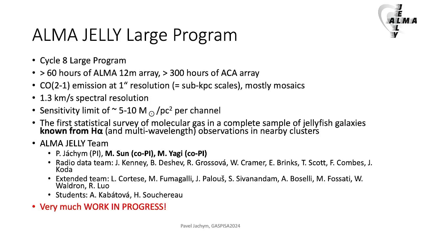Most of the galaxies were done in mosaics because the tails are quite extended. You can see the spectral resolution is slightly over 1 kilometer per second. I will talk more about that, but basically we say the sample is a kind of complete sample for these nearby clusters because we tried to cover all galaxies with tails which were known from H-alpha observations.